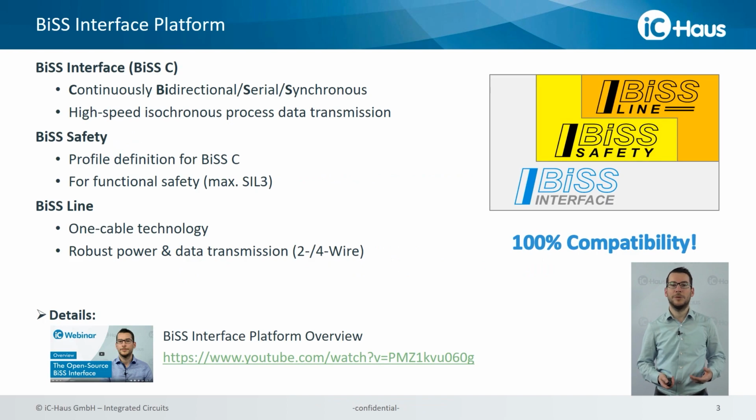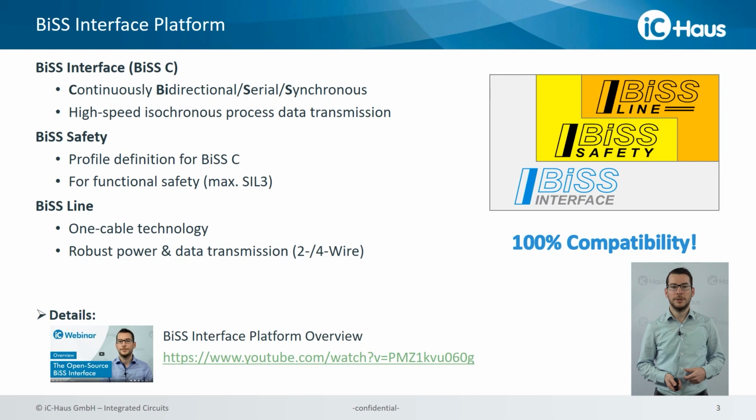So it all started with the BiSS Interface, which is nowadays the BiSS protocol, a continuous bidirectional serial synchronous interface for high-speed isochronous process data transmission. A couple of years ago, we introduced the BiSS Safety profile definition, which is a simple profile definition for the BiSS protocol.